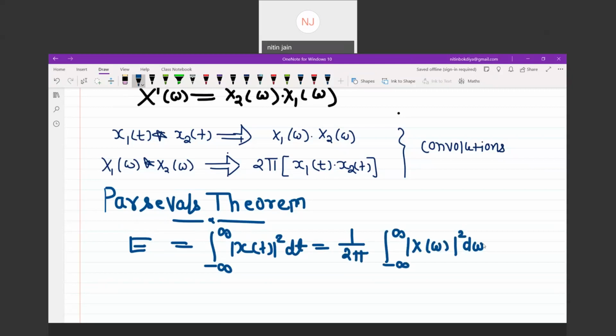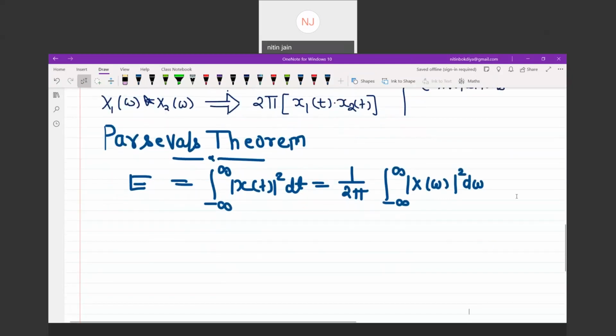Let's calculate the energy of a signal. Say my signal is x(t) = e^(-at) u(t) for a greater than 0.